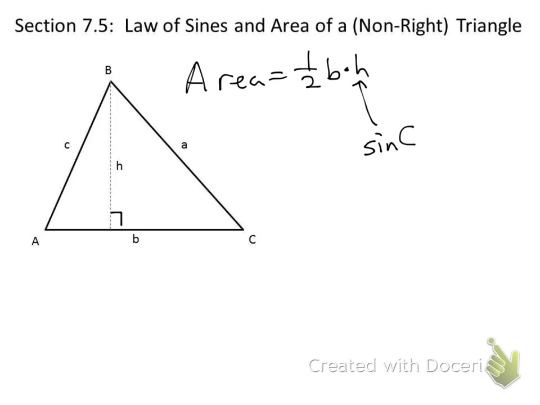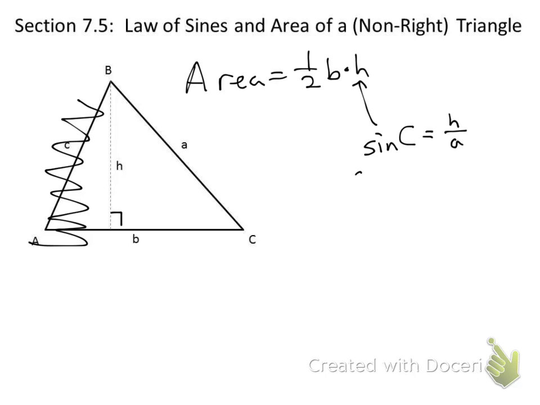If I said sine of C, we need to go back to saying, oh, well, that's in a right triangle. Well, we got a right triangle there. Isn't that right-hand side a right triangle? Okay. So sine of C equals what fraction? H over A. Okay.